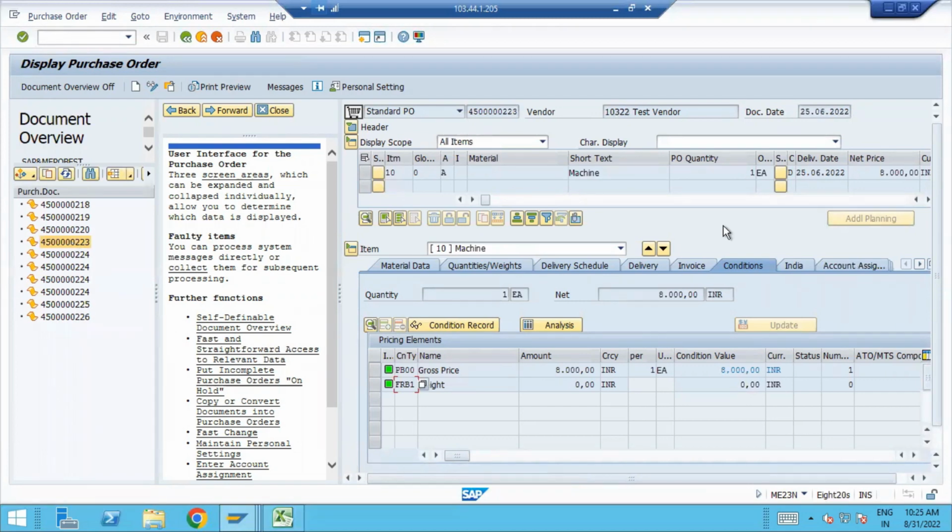So this is my current document, and this document was processed with a non-valuated GR, so that we capitalize the asset with reference to our invoice date.